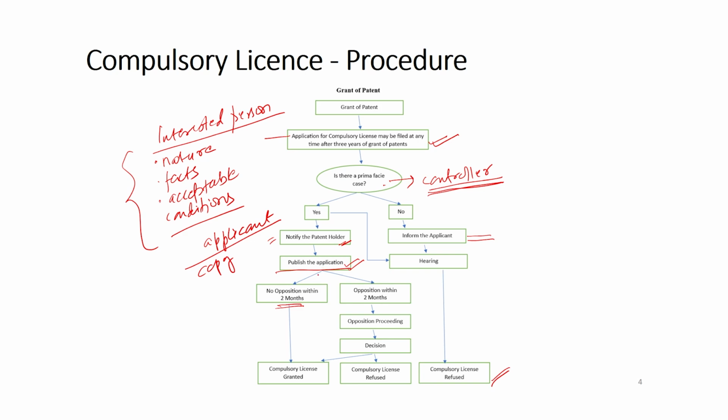Now, from the date of publication, within 2 months, nobody raises any objection. This is a situation where an application is unopposed. An unopposed application for compulsory license shall be granted.